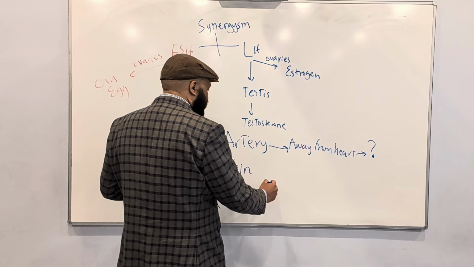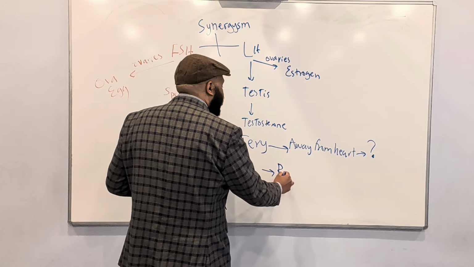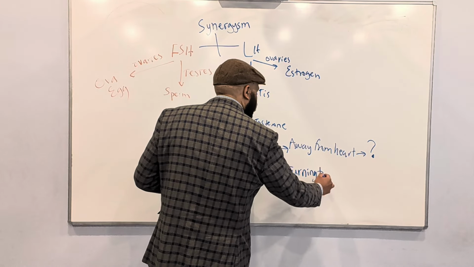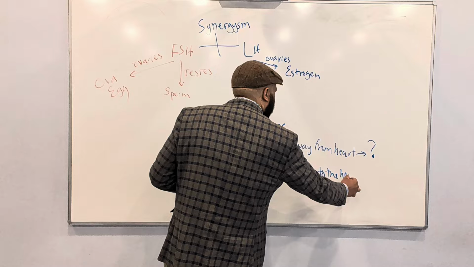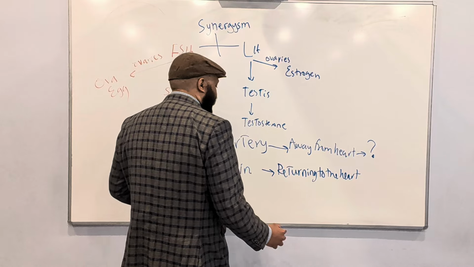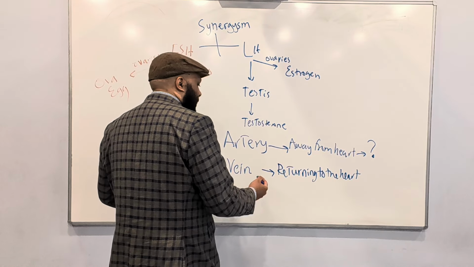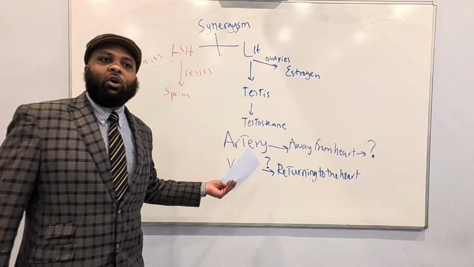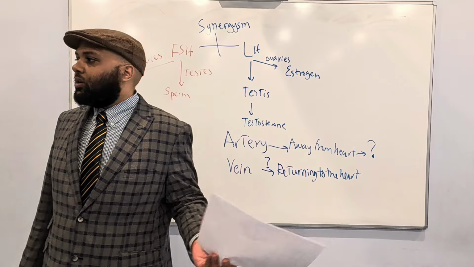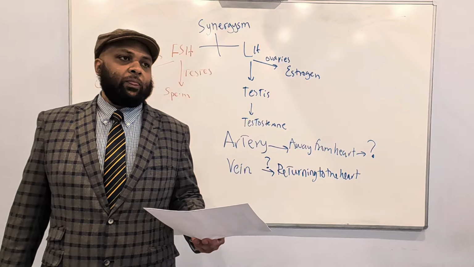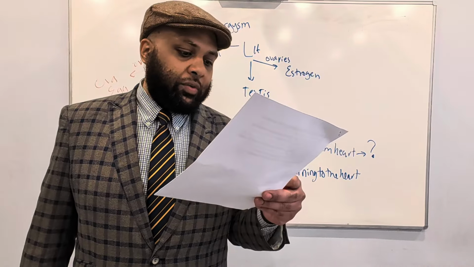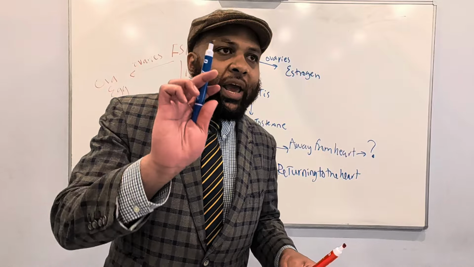The vein, meaning, is returning to the heart, and it is returning to the heart from a mysterious place. That question mark, that mysterious place, will be very clear to you when you are told what kind of artery it is. So pulmonary artery.